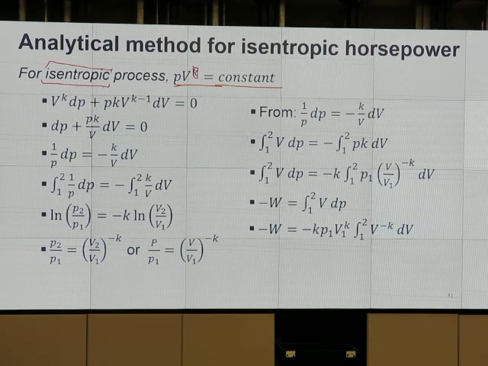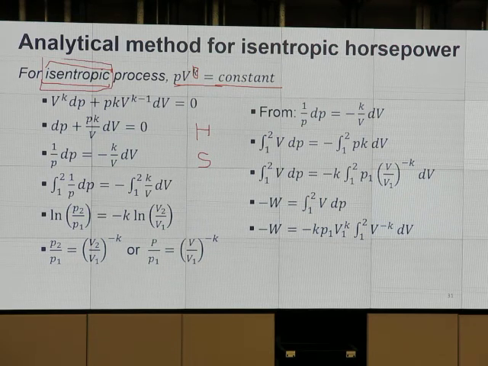Isentropic means constant S, entropy. Those words could be an answer to a question on the exam. You need to memorize that. You remember the very first page, we talked about isobaric process, isentropic process, all that. Please memorize before the exam.